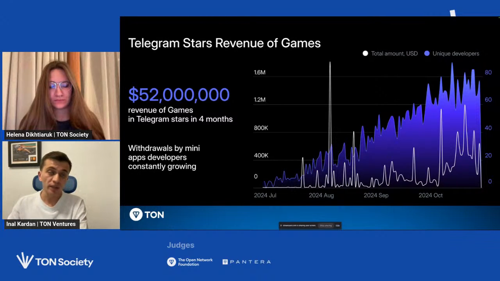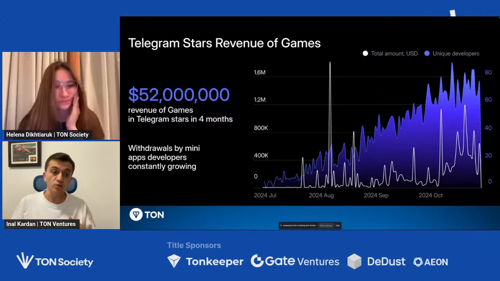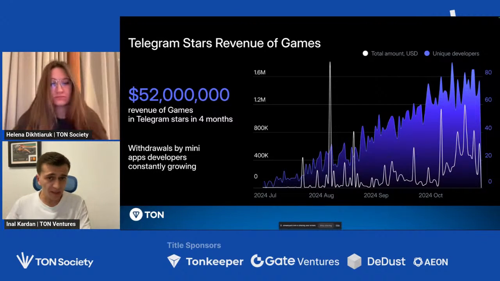But even now, since mid-June, in 4 or 5 months, the revenue was more than $52 million worth of in-game or in-app assets bought by Telegram users. So Telegram Stars are a very important way to monetize your traffic.